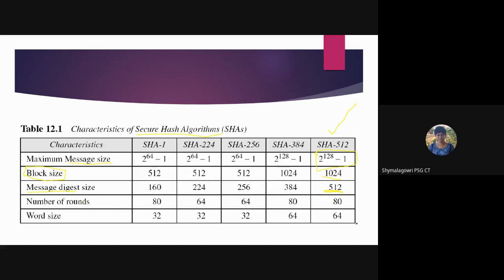Then we will use something known as words. SHA makes use of words. We will see what words are, and each word is going to be 64 bits. There are a total of 80 rounds, and each round will make use of a word. So there are totally 80 words, each of size 64 bits, that will be generated. These are the characteristics which we will be discussing.